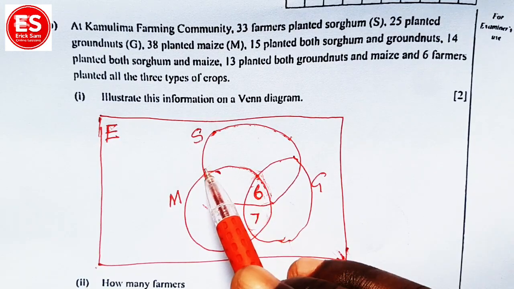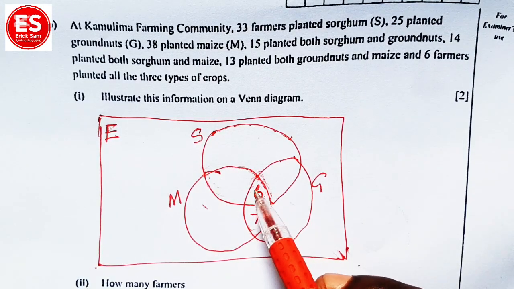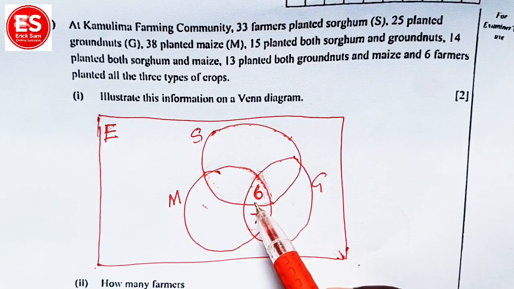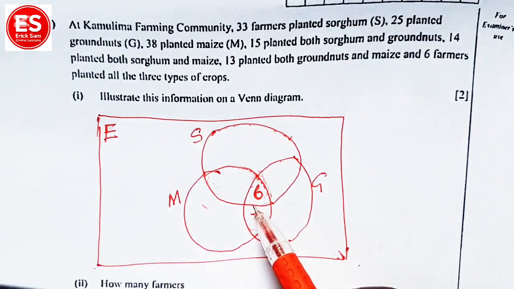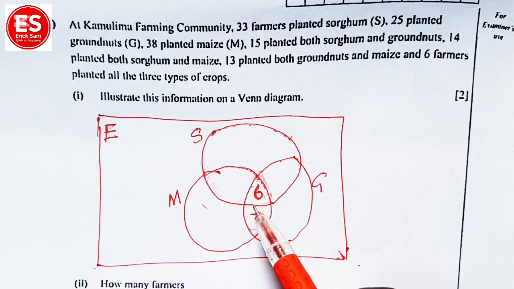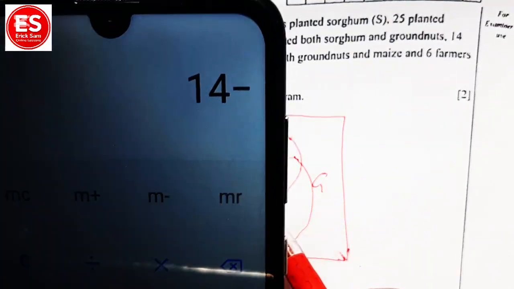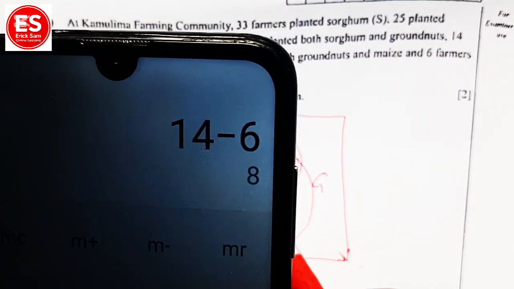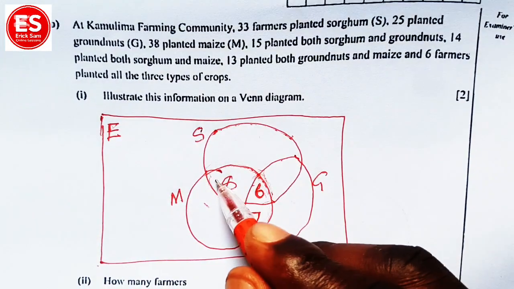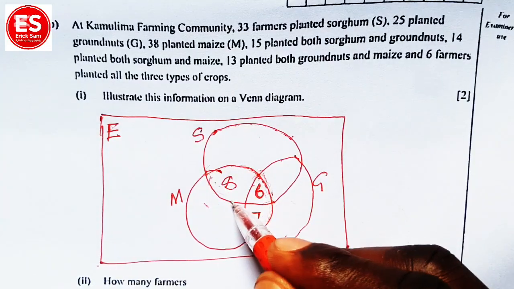This is the space for sorghum and maize. So we are going to subtract 6. Sorghum and maize, we have 14. So 14 minus 6, you are going to find that you have 8. So you write 8 here, so that when you add these numbers, you are going to have 14.